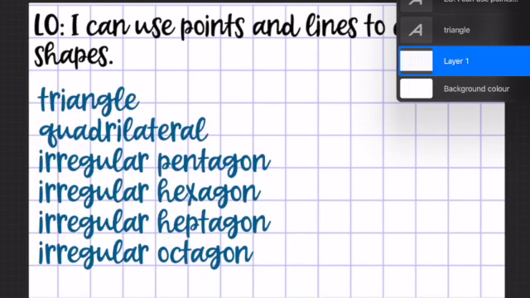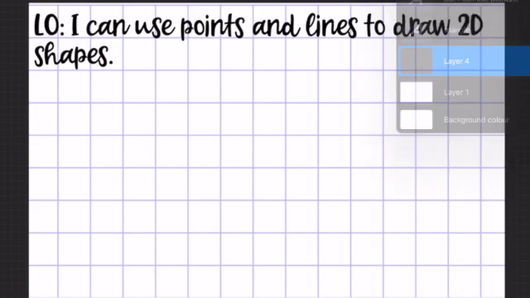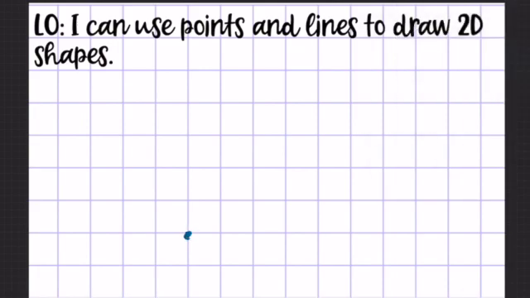We're on to heptagon. A heptagon has 7 sides. So 1, 2, 3, 4, 5, 6, 7. Yours will probably look different to me, unless you're trying to copy me exactly.